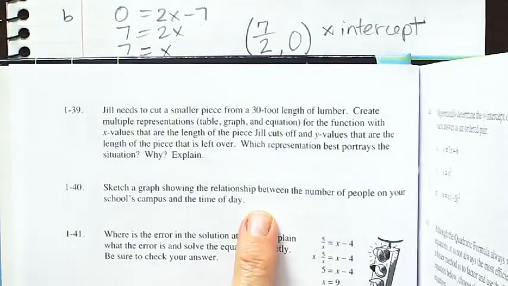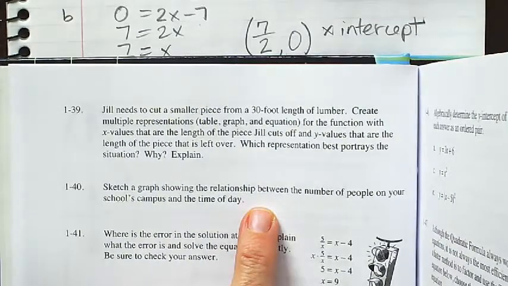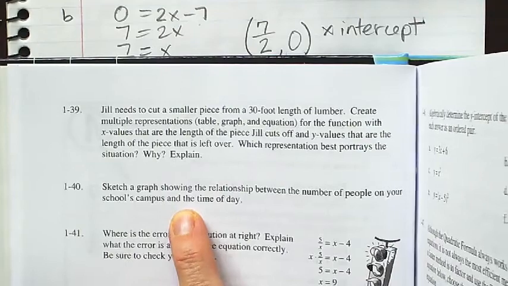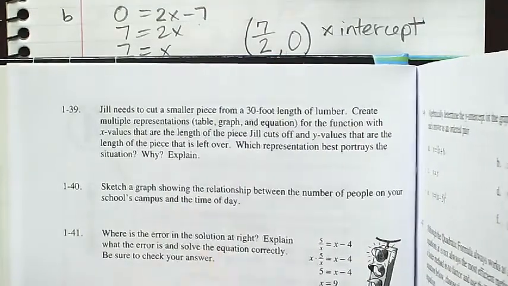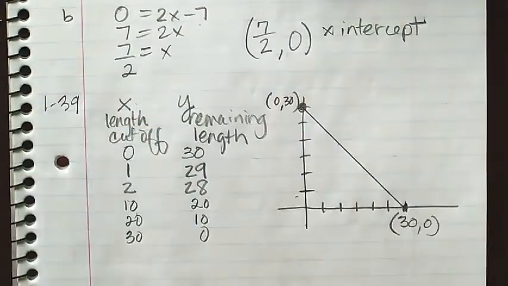1-40, sketch a graph showing the relationship between the number of people on your school's campus and the time of day. So this is assuming we are in school.